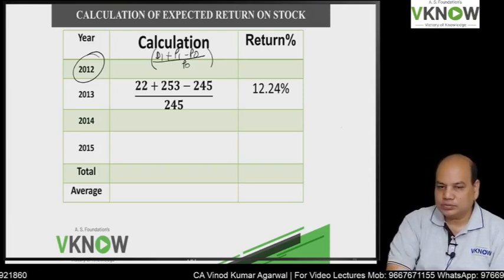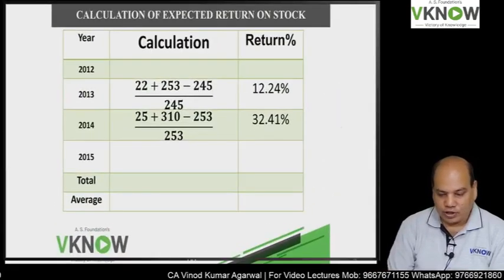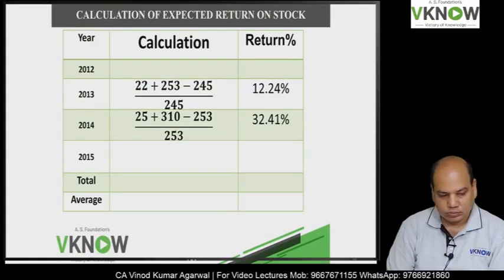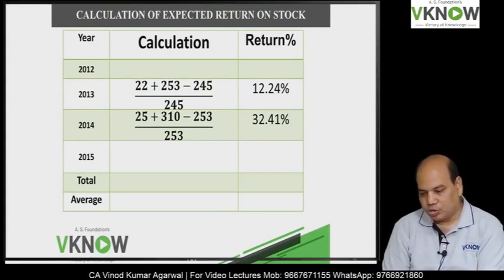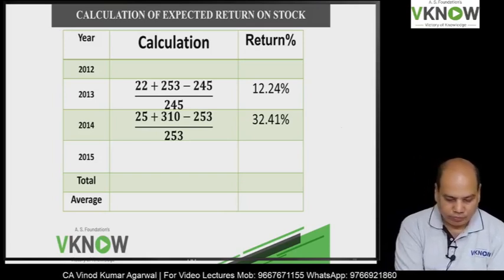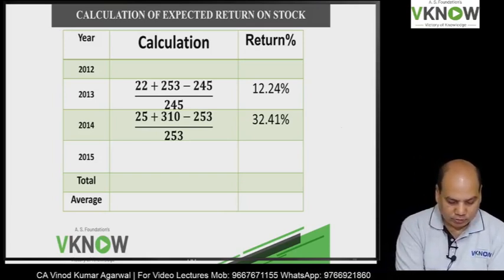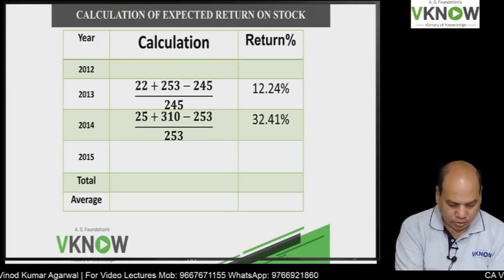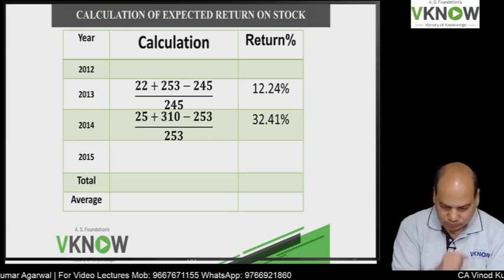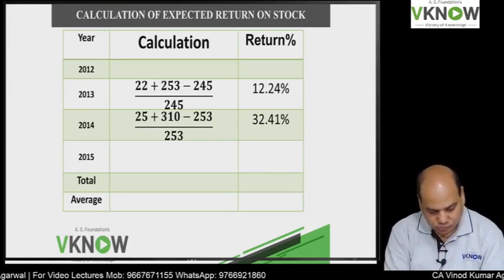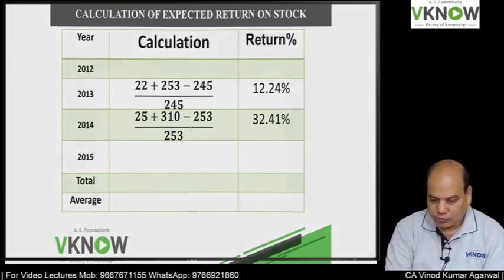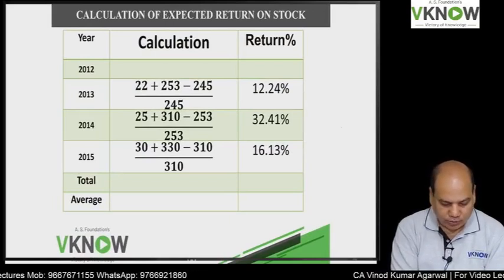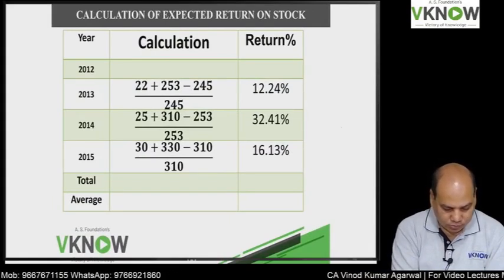Anybody? 2014. Check. 32.41%. 2015. 2015 is 16.13.